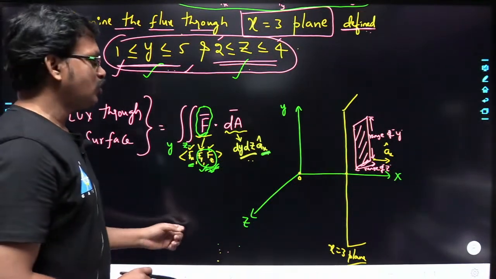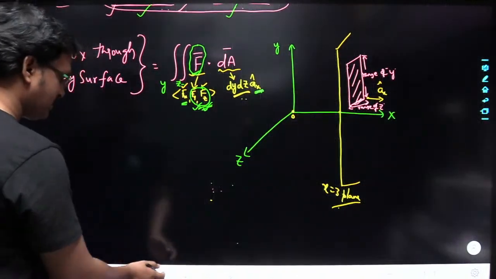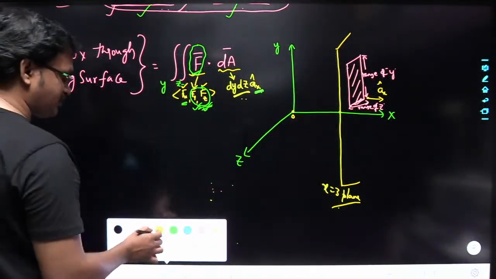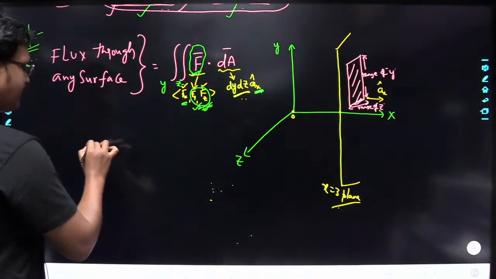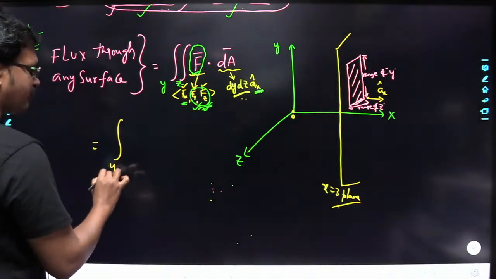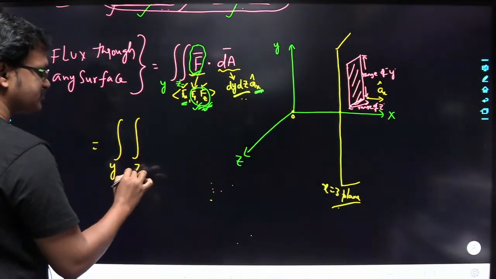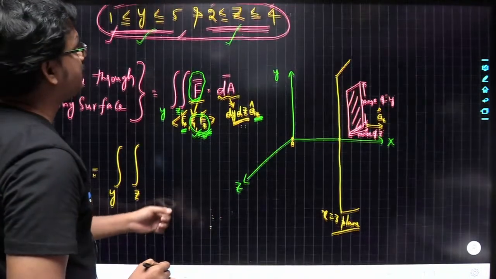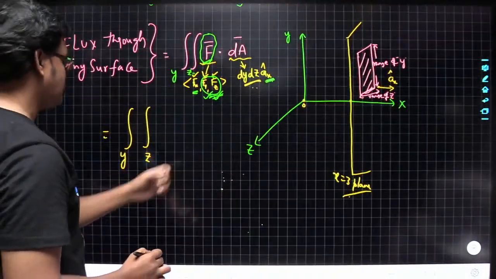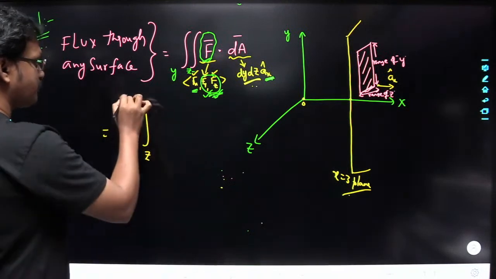So now you can directly write, there is no need to write the total expression. Now you can directly write integration from y, variables are y and z. So y is varying from where to where? Y is varying from 1 to 5 and z is varying from 2 to 4.